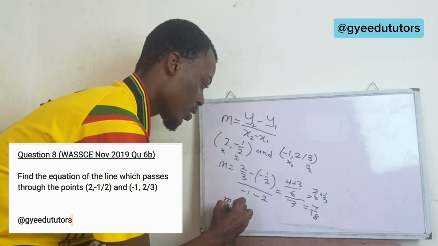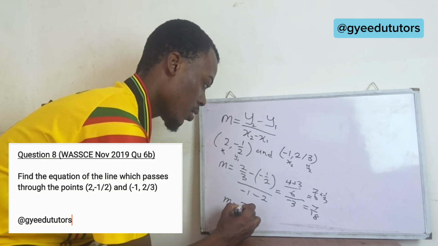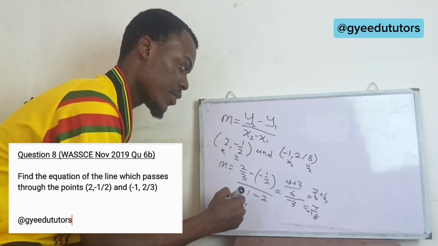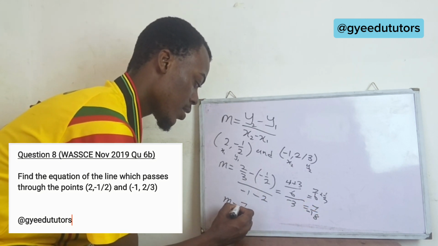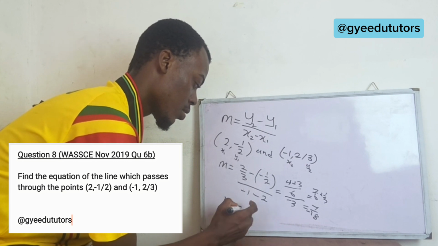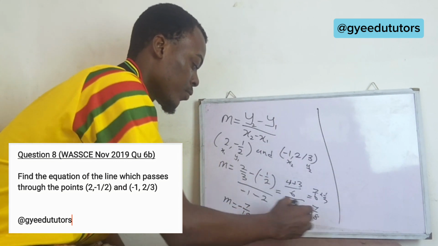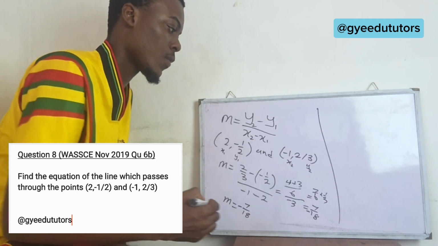So our M is, there's a negative, so minus 7 over 18. So now we have finished finding the gradient.